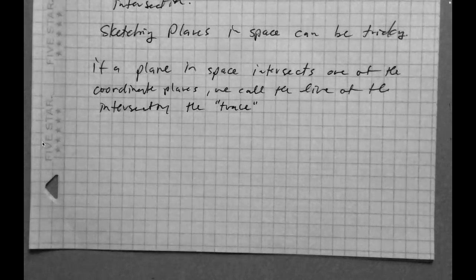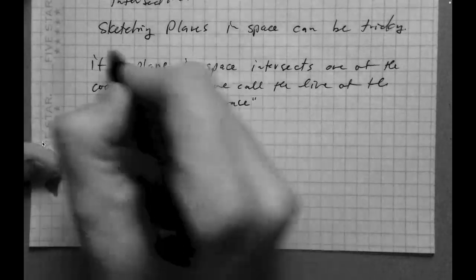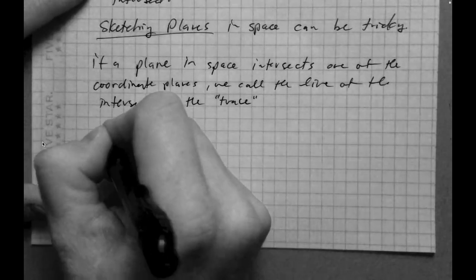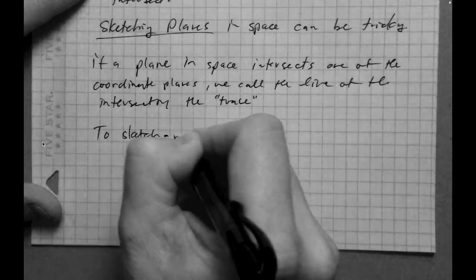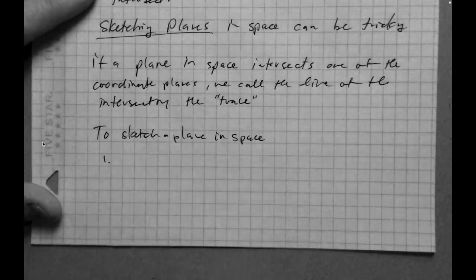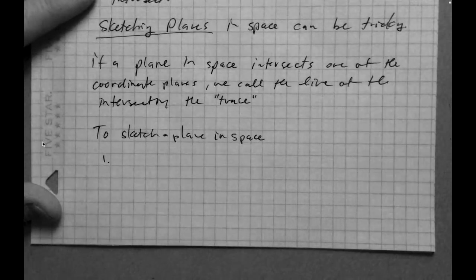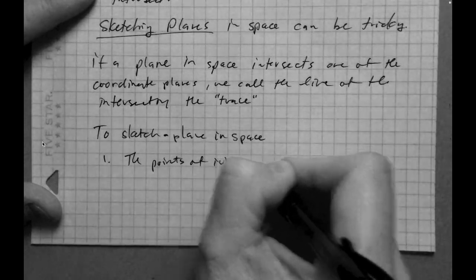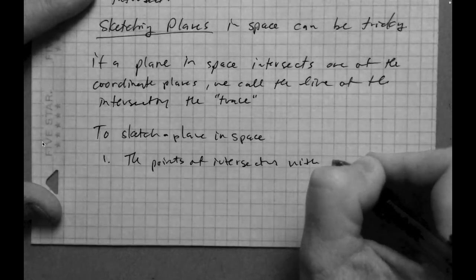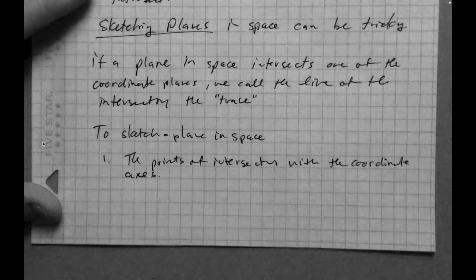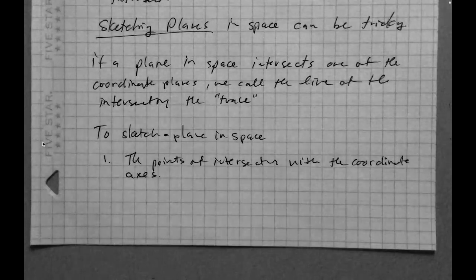Okay. And so this is useful when you're sketching planes. Basically, to sketch a plane in space, you want two things. First, you want to know the points of intersection with the coordinate axes. Most planes will just intersect each coordinate axis in one point.